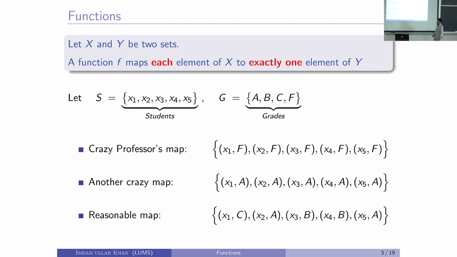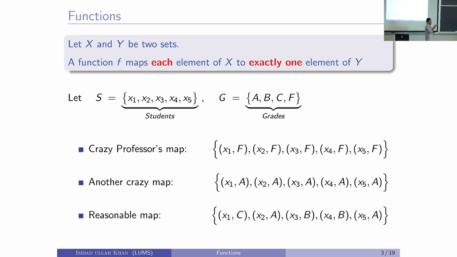Here, this is a proper function even though b isn't assigned to anyone, and even though f is not assigned to anyone. Nothing wrong with that. F could be assigned to many students, but a student cannot get multiple grades, but that's a function.